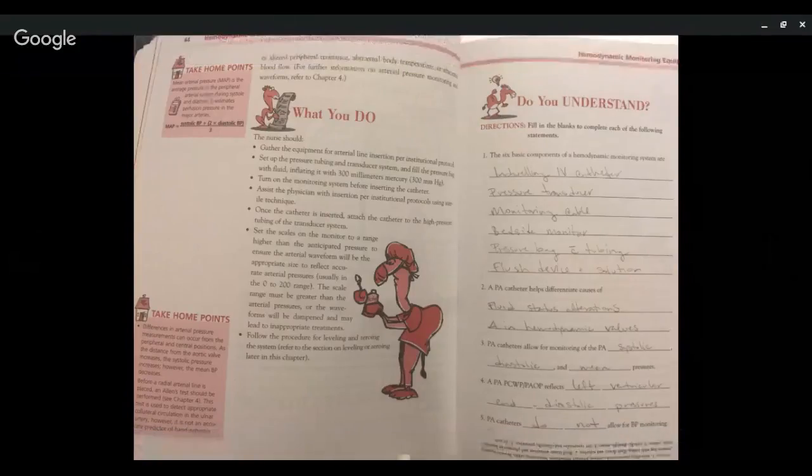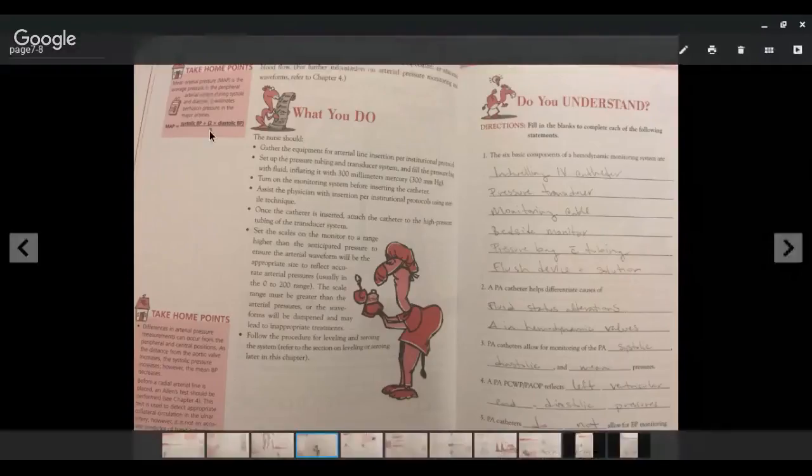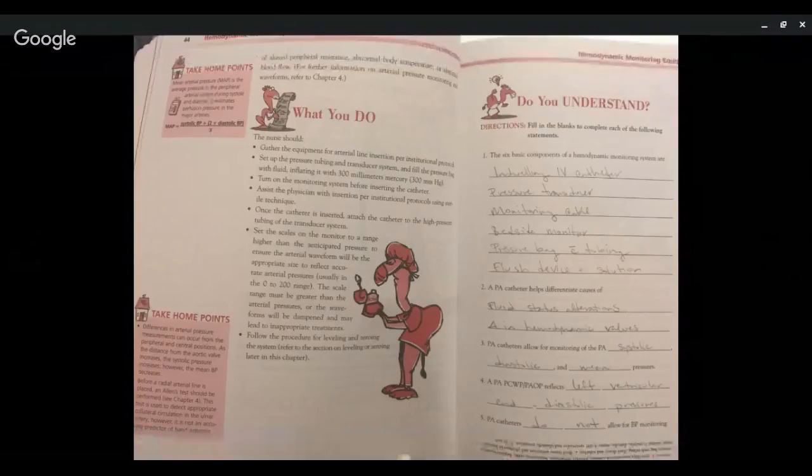Take-home points. MAP, pressure in the peripheral arterial system during systole and diastole, estimates perfusion pressure in the major arteries.